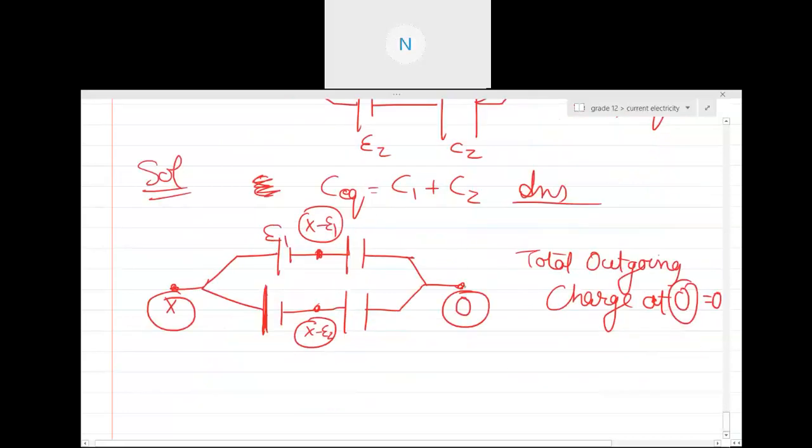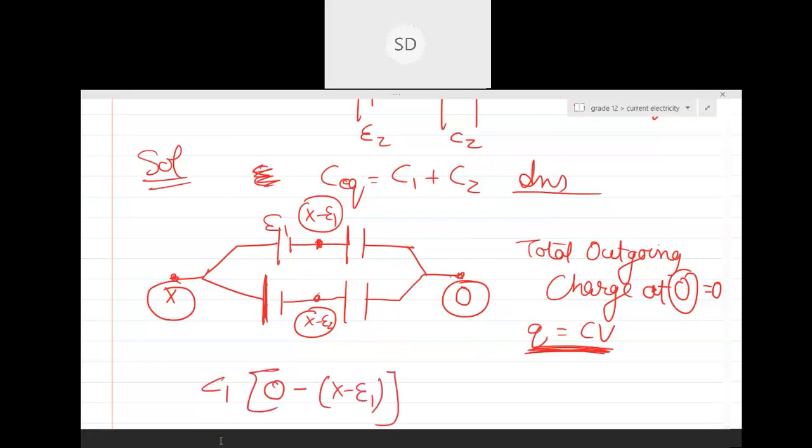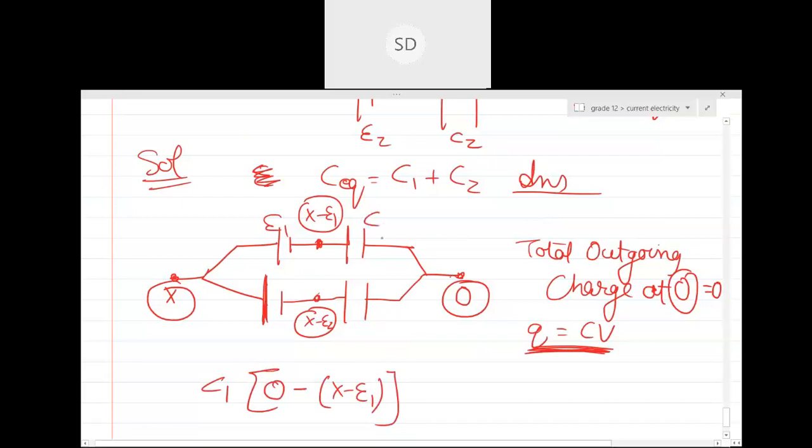So at 0 equals to 0, let's apply. What is charge? Charge is basically equals to C multiplied by V. If you remember, don't make the equations in hurry. (0 minus (x minus E1)) multiplied by C1 plus C2 multiplied by (0 minus (x minus E2)) equals to 0.